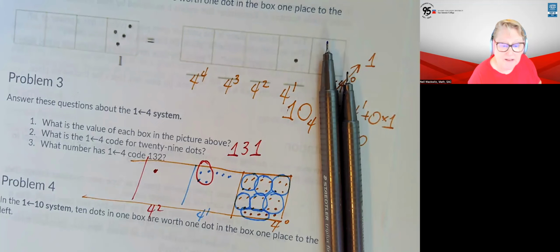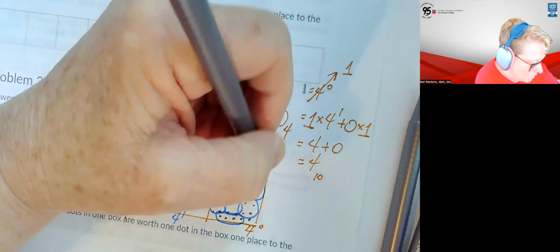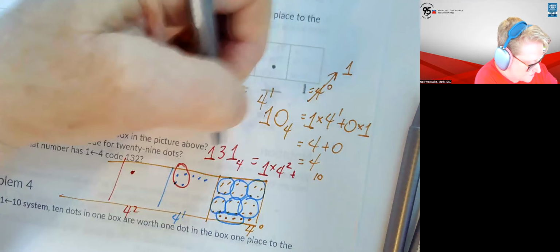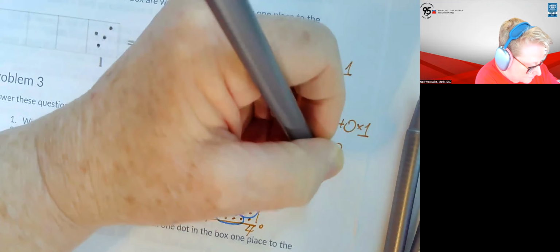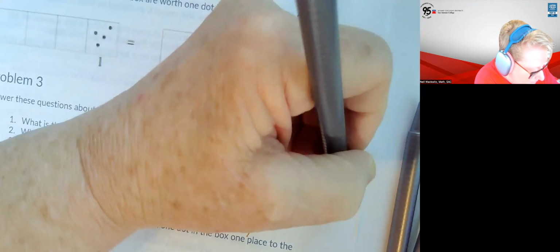And let's see if that really is 29. So let's see. Base 4. So that's 1 times 4 squared plus 3 times 4 to the 1st plus 1 times 4 to the 0. 4 squared is 16.